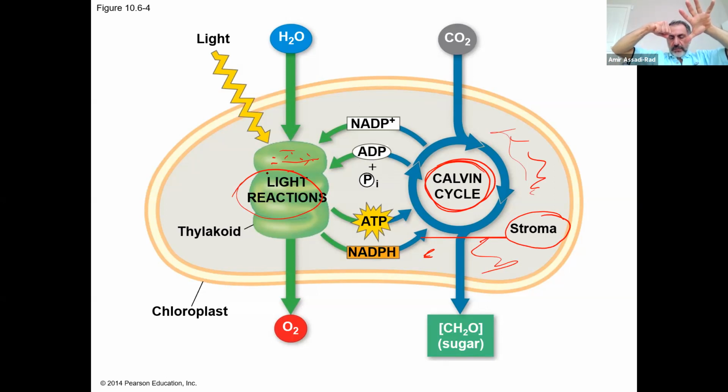I'm sorry, Calvin cycle. So the light reaction occurs in the thylakoid, and calling it dark is a habit, I guess, from my freshman, sophomore year in college. But the light independent cycle, the Calvin cycle, happens in the stroma.